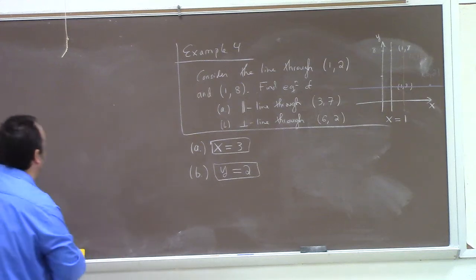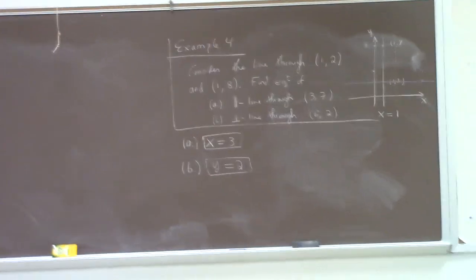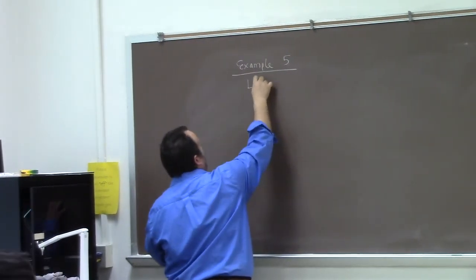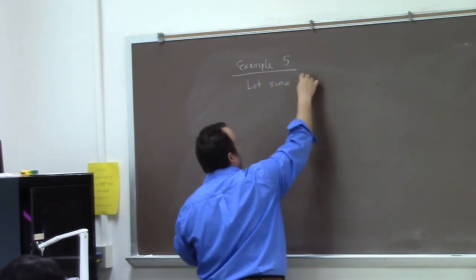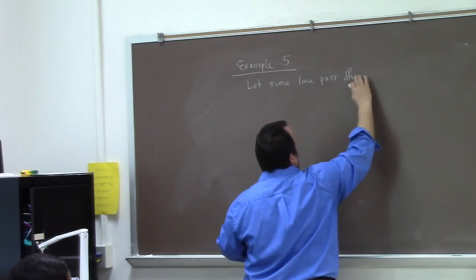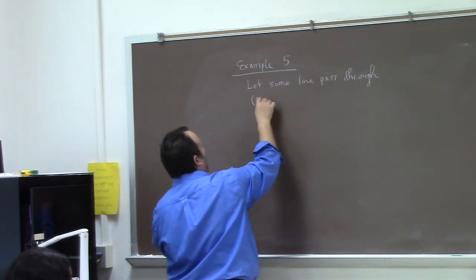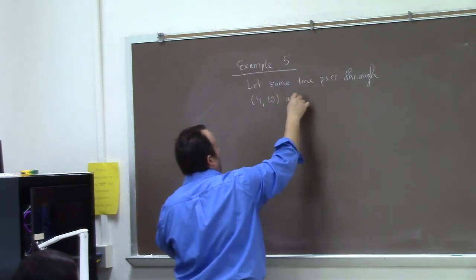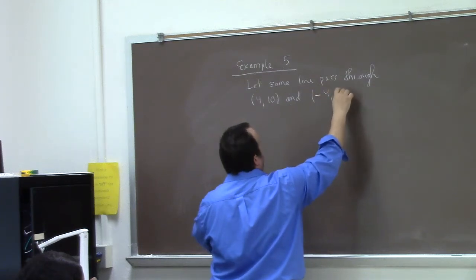Example 5. Let some line pass through (4, 10) and (-4, -2).